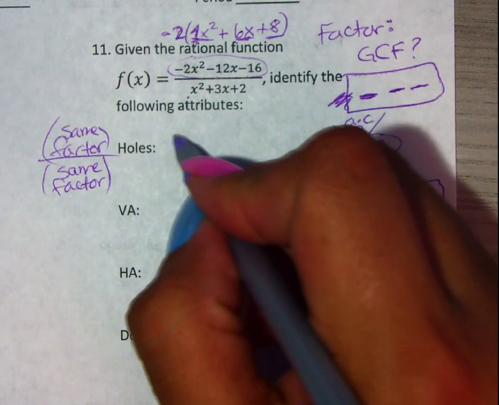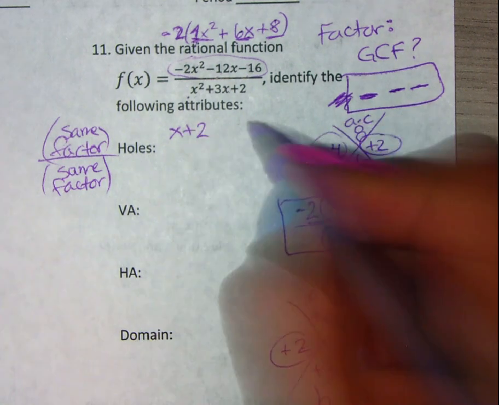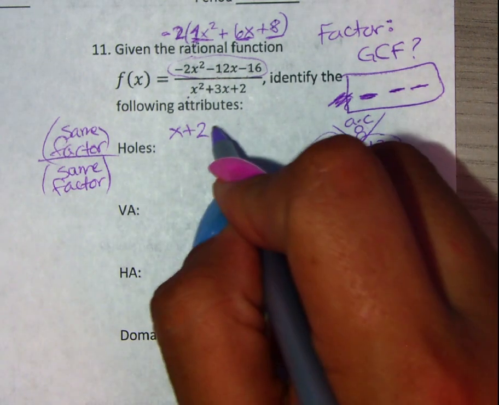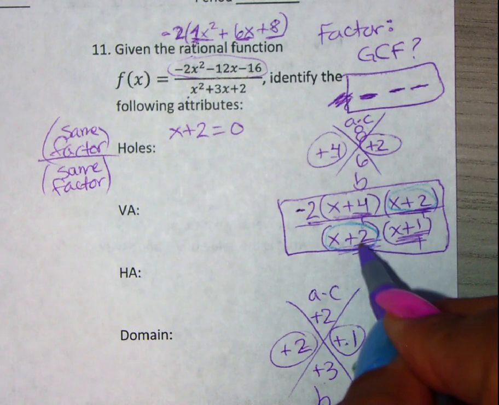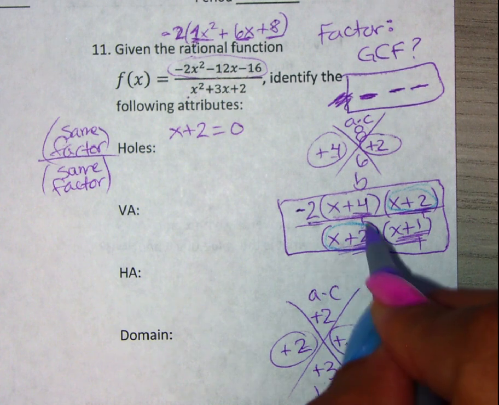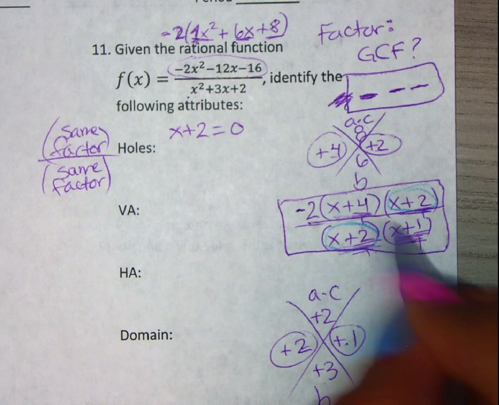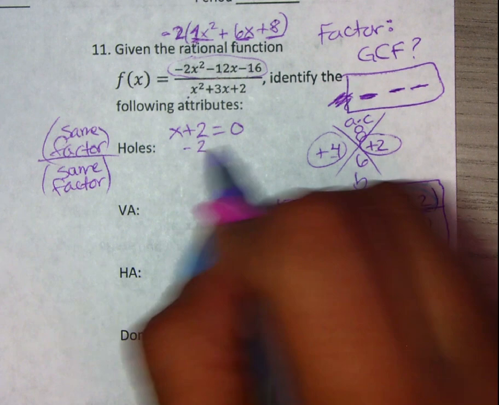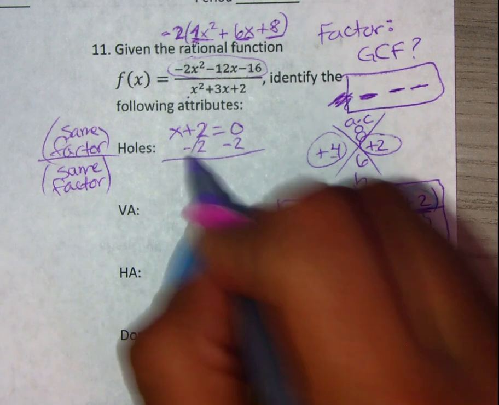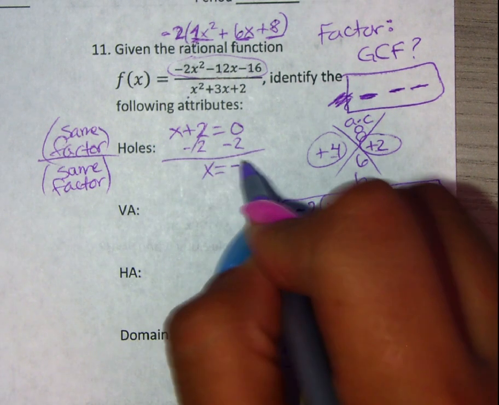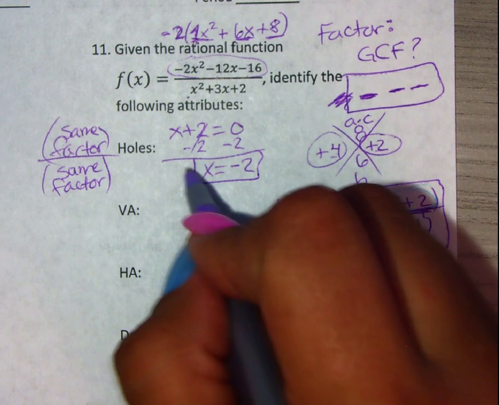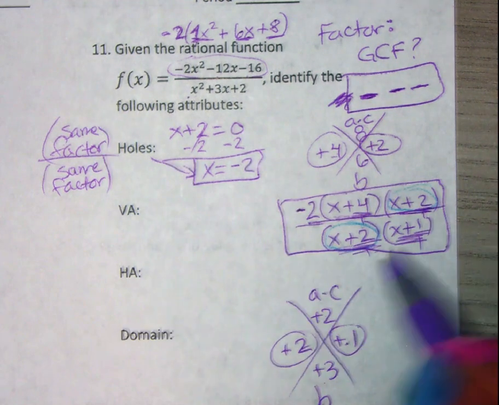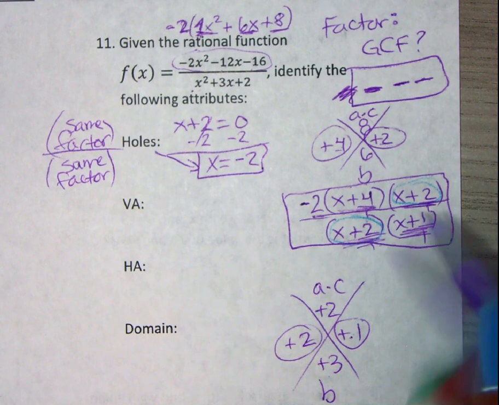So we're going to use x plus 2 to help us find the hole. You're going to set it equal to 0 because we're trying to find out what x value will give us a 0 as a denominator. So we solve for this equaling 0 and we get x equals -2. So that is where you have a hole, when x equals -2.